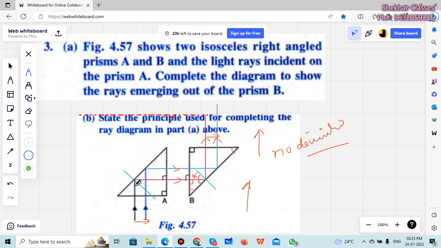Inside that, it makes an angle which is more than the 42 degree critical angle, so it is going through total internal reflection. Same here and same here. Is it clear? So it is coming out also in the same manner at 90 degrees, which means the angle of emergence is also 0 degrees. Why? Because the angle of incidence is 0 degrees, so it will go through with no deviation.